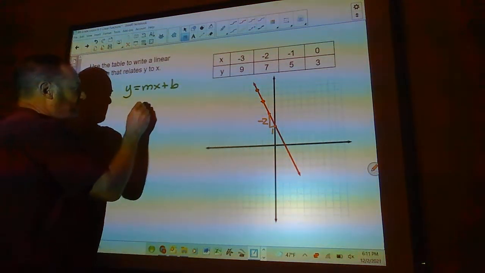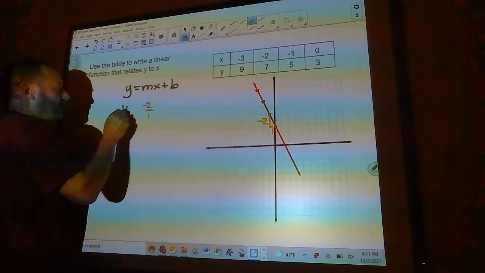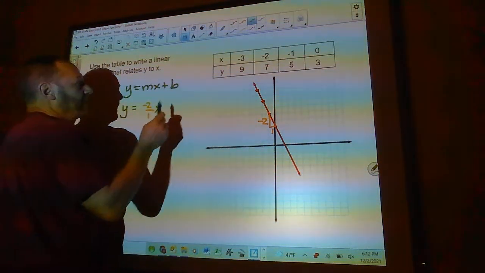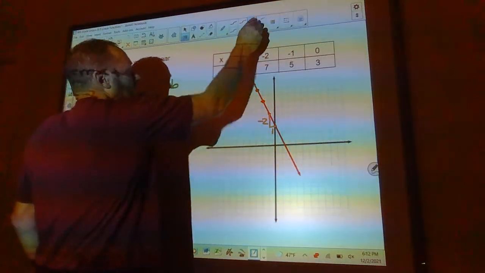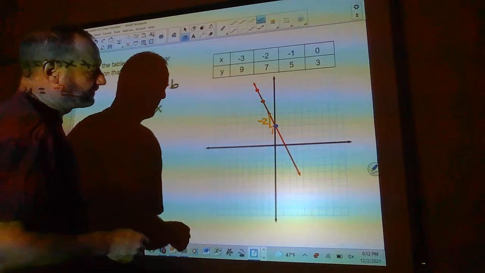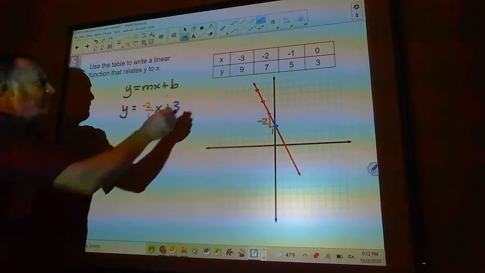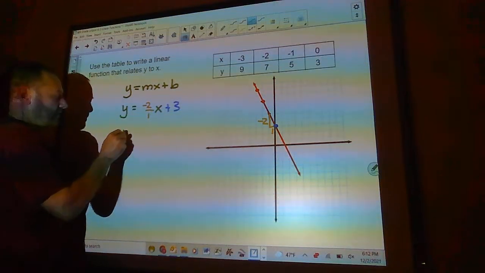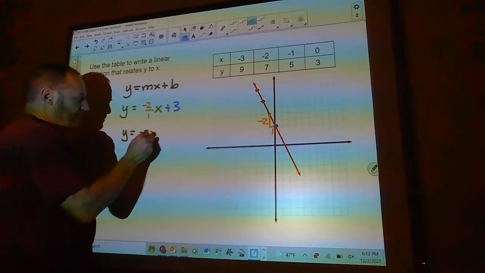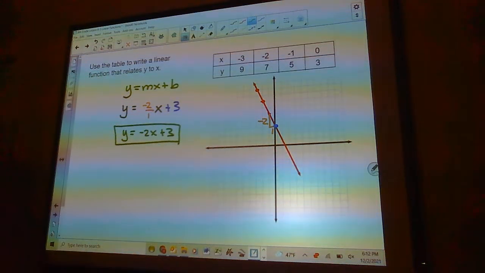So my slope is going to be -2/1. My y is just my y, my x is just my x, and then my y-intercept. So I look right here, there's my y-intercept, that's 3. So plus 3. And then I would just go ahead and rewrite the equation, clean it up a little bit, y equals -2x plus 3. And there we go. We have a function that relates a y to an x.